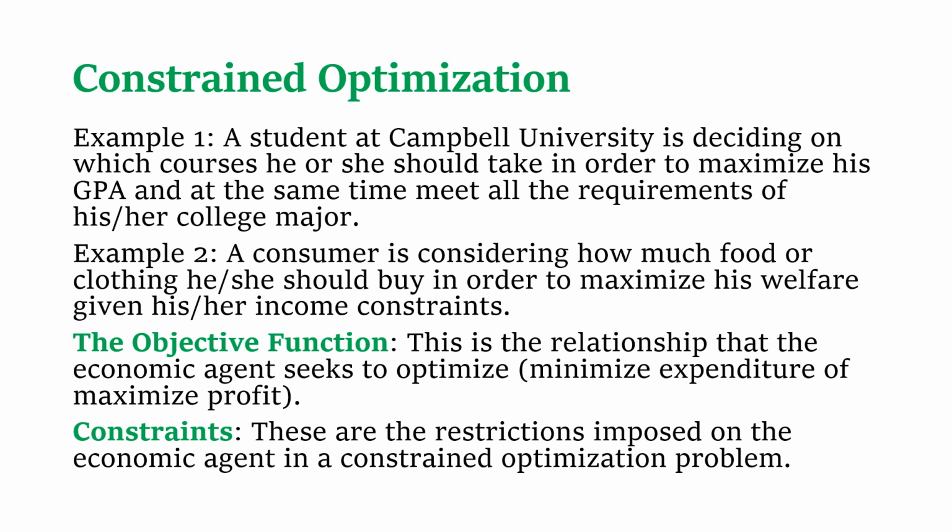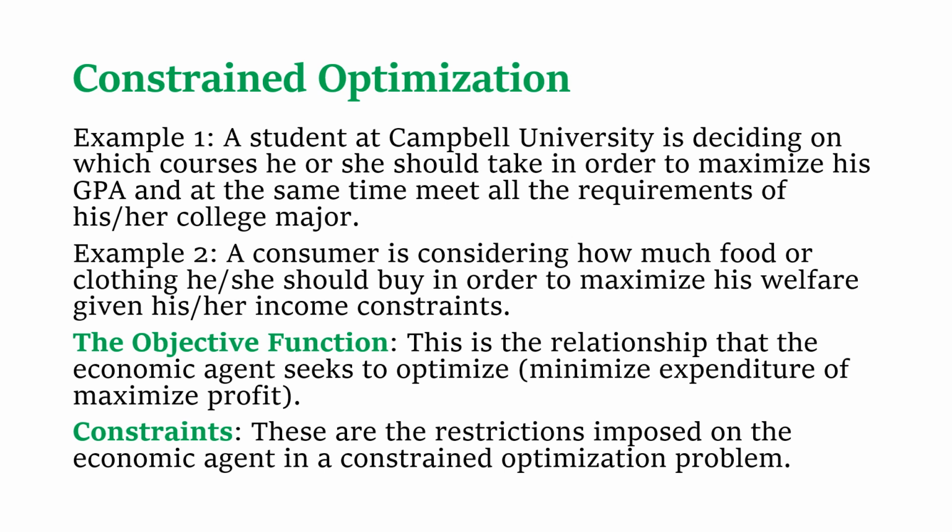So now the consumer is going to maximize his satisfaction given his constraint, that is his income constraint. He wants to maximize satisfaction, but the income is not there. The income is not there, so he has to maximize his satisfaction within what he has.